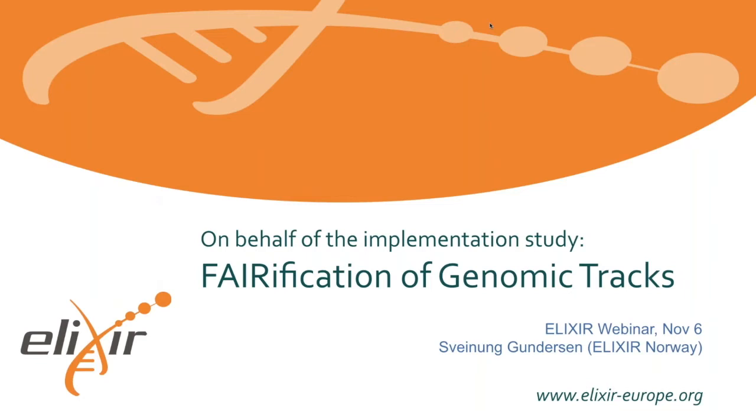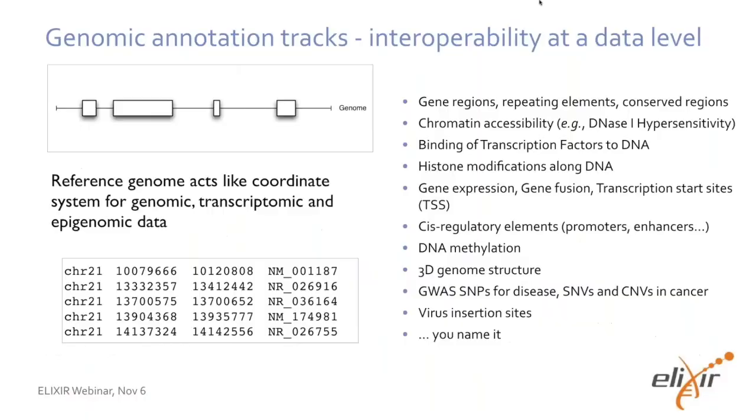Before I go into the study itself, I'll say some words about the concept of genomic tracks. I'm sure many of you know about this already, but I'll go briefly through the concepts. Basically, a genomic track is some data that you can place or locate along the reference genome. The reference genome acts like a coordinate system, and you can add lots of different kinds of data here.